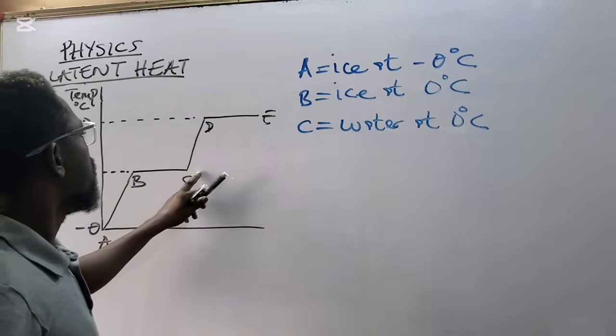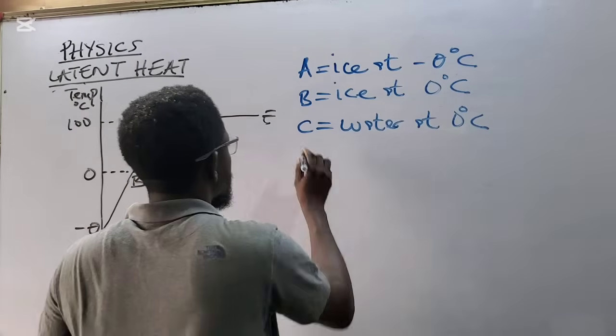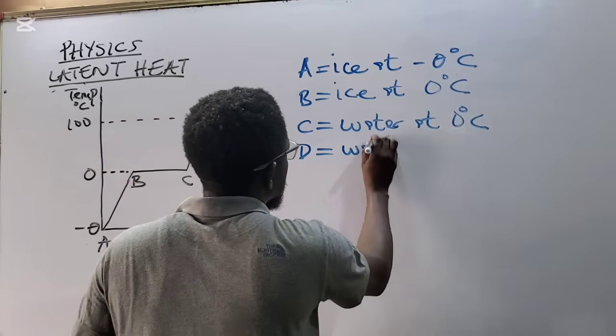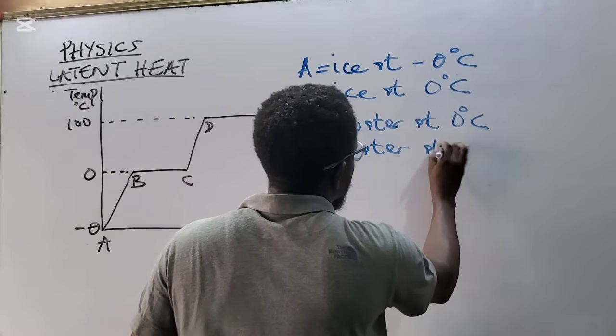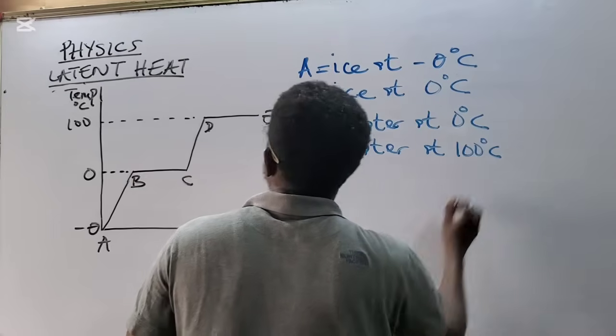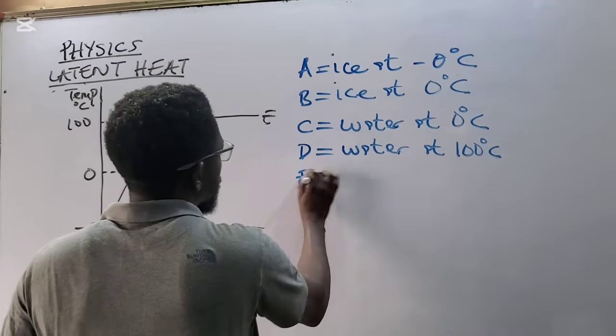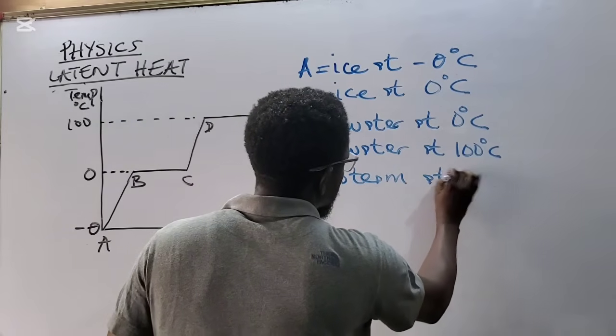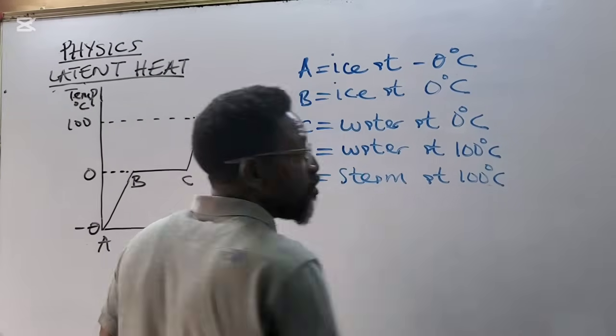Then point D is water at 100 degrees C. Then point E refers to steam at 100 degrees C.